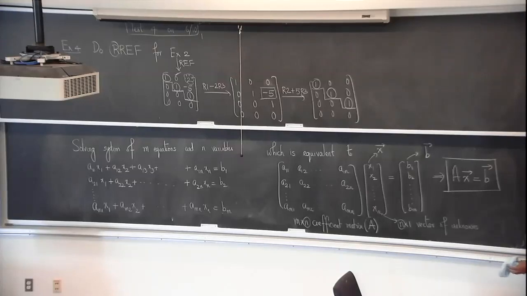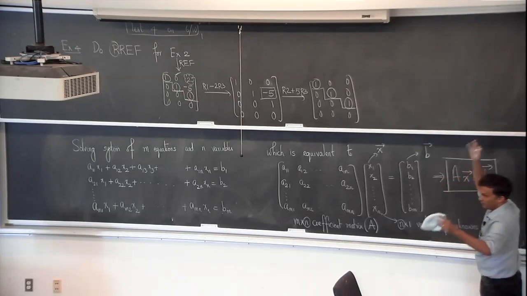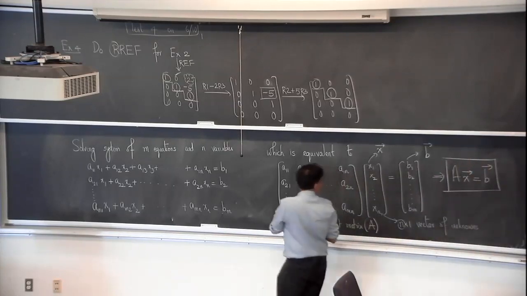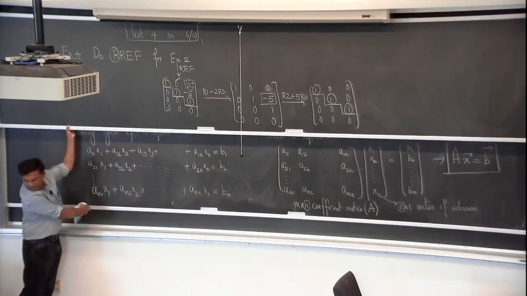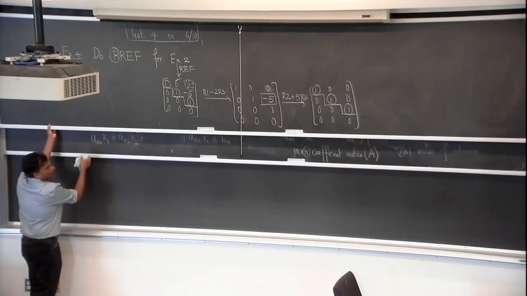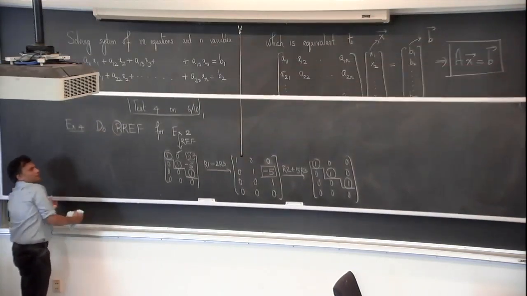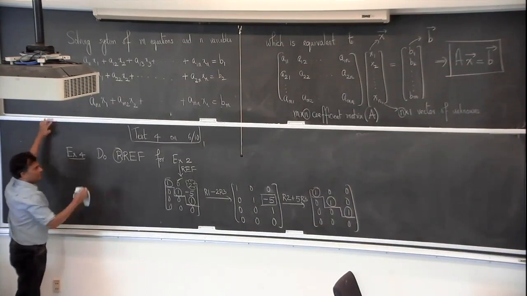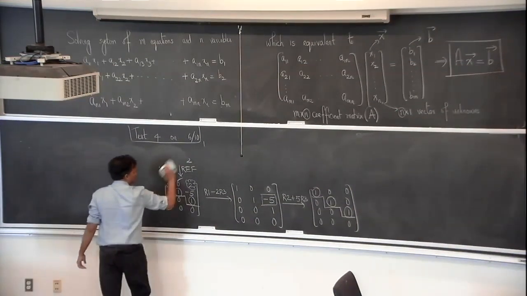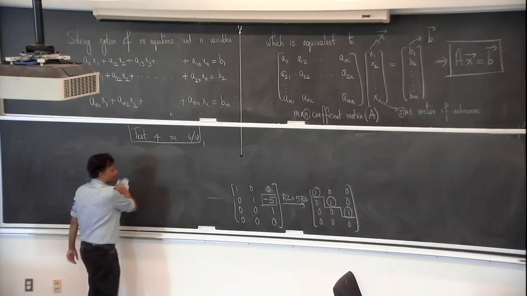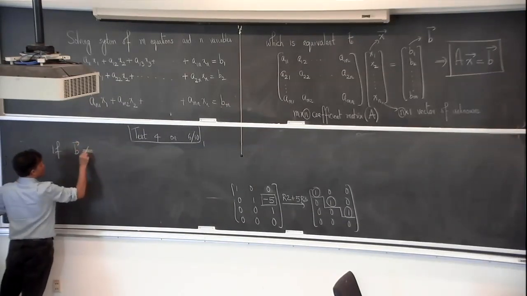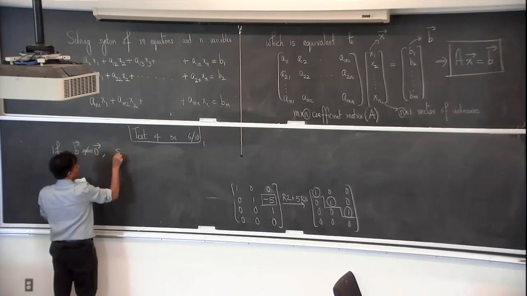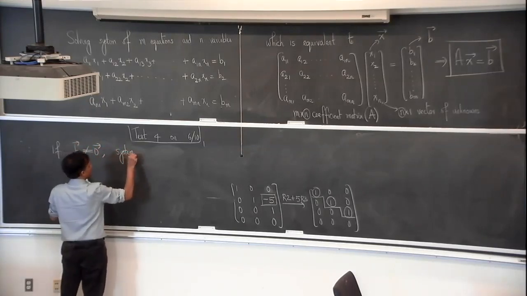So when people say solve the system Ax equal to b, that doesn't mean just one number here. That could be a big matrix. In particular, if b is not equal to 0, which means the right-hand side has at least one non-zero element, so if b is not equal to the 0 vector, then the system is non-homogeneous.